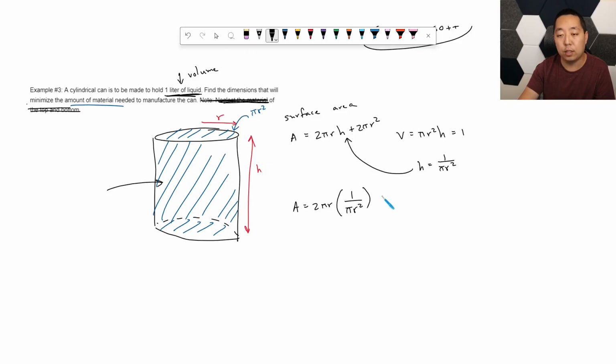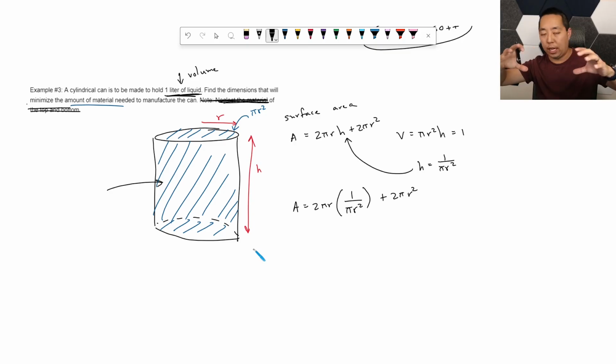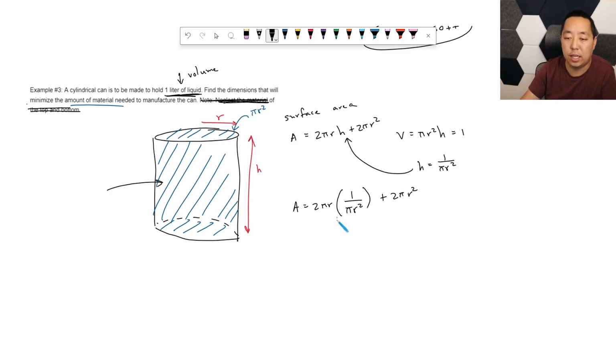That was my mistake on the problem, and that's because what's going to happen is you wouldn't get an optimal. The answer would be like you should make a super flat, skinny one, but that's not going to work. So the pi here cancels, the r here cancels, so you get the area is equal to 2 over r plus 2 pi r squared. Right, that's the area. So now I have it in terms of one variable, right?